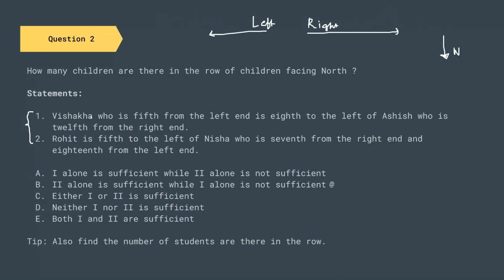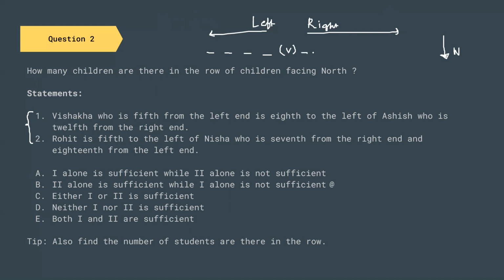Now it is saying that Vishaka is fifth from the left hand. That means 1, 2, 3, and 4, and this will be the position of Vishaka, who is 8th to the left of Ashish. Now, Vishaka, who is fifth from the left hand, is 8th to the left of Ashish.